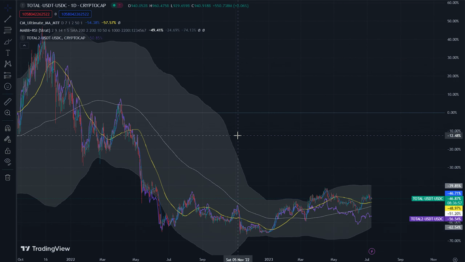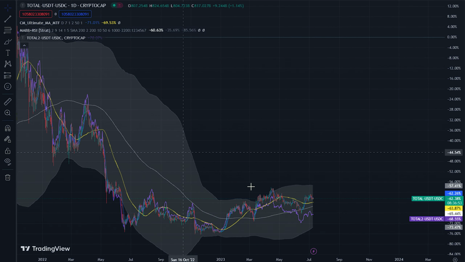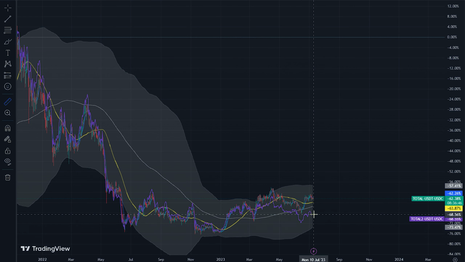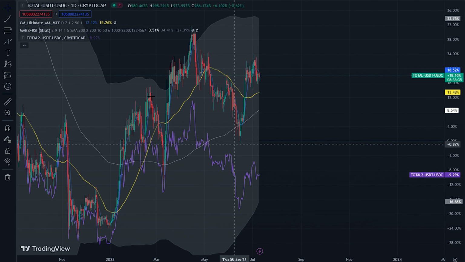We can see that basically since the peak of late 2021, there's a gap here, and I don't want to zoom in because I will in a minute, but we can see that there's roughly a 20% disparity between these two, total and total 2. And total 2, I'll just remind you, is just without Bitcoin.